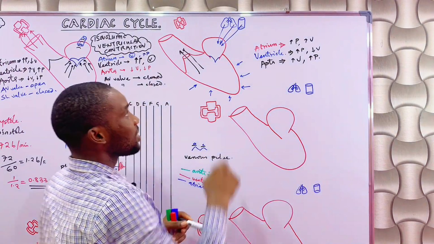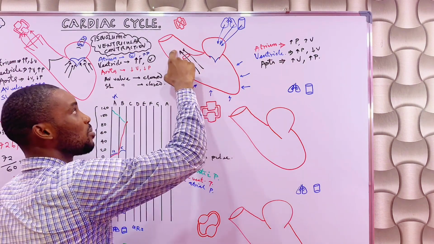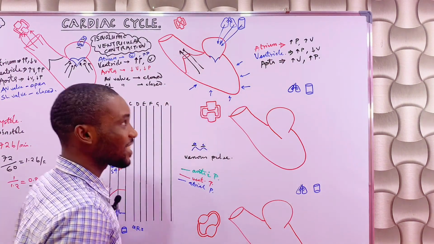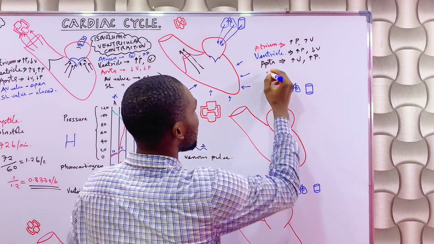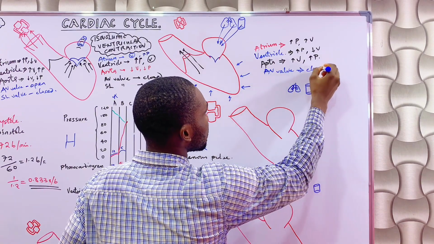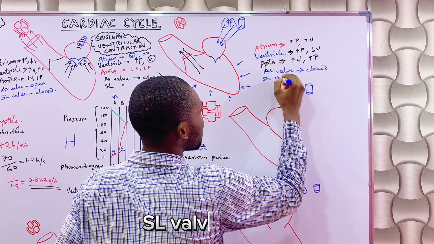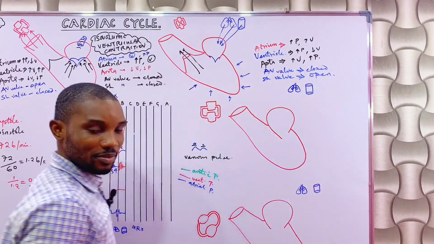Remember that this valve is open, so the pressure in the ventricle will be equilibrated with the pressure in the aorta, right? Then how about the valves? We already know that the AV valve is closed, and then the semilunar valve is open. All right.